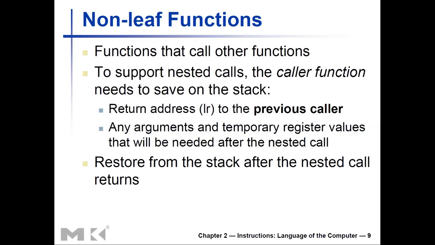So the function that calls the nested function, the second function. The first function is the one that is called by the main code, and the first function is calling another function, the second function. If the first function needs the arguments passed on to it after the second function call, it needs to save those arguments as well in the stack.